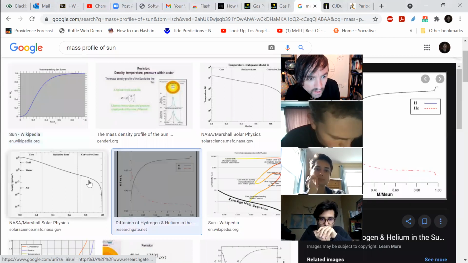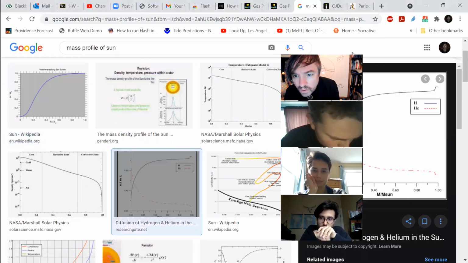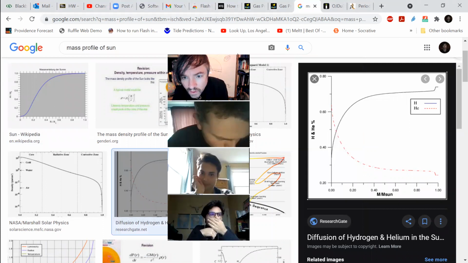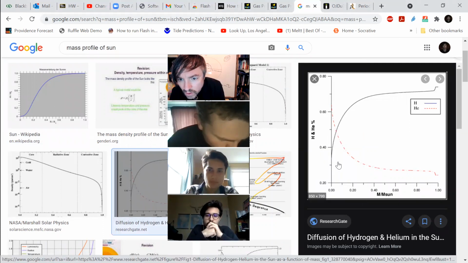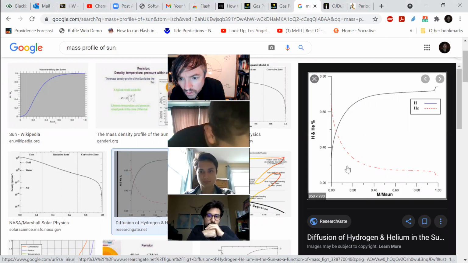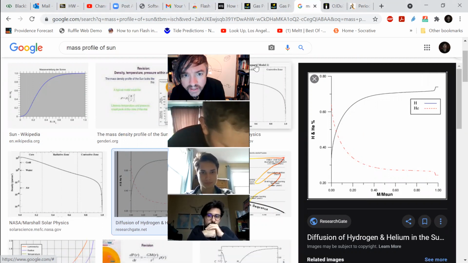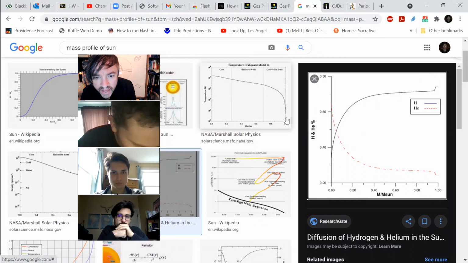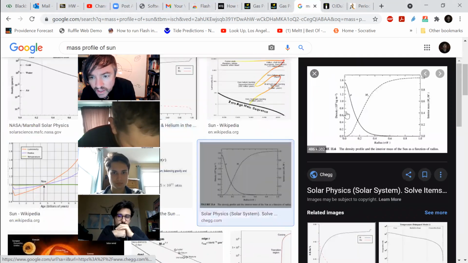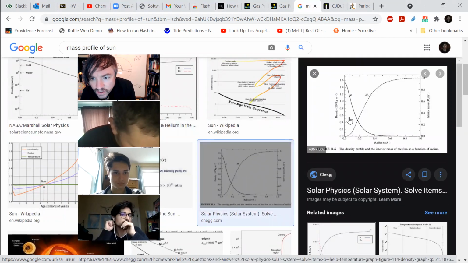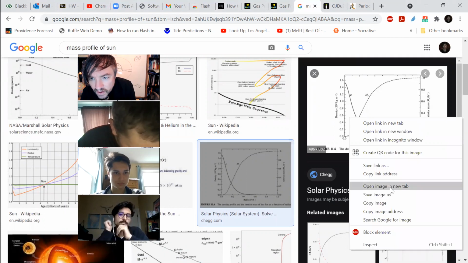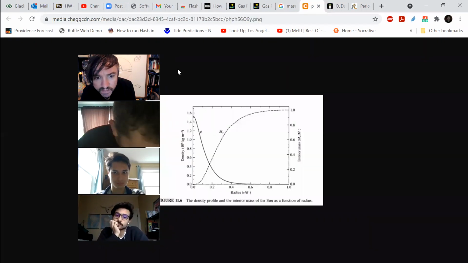That's too small. I need something that shows both radius and mass. And I know this. Here we go. This figure, we have to be smart about how we read this, and I don't know if I'm going to be that smart today.